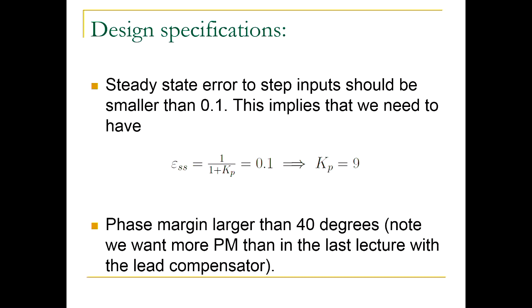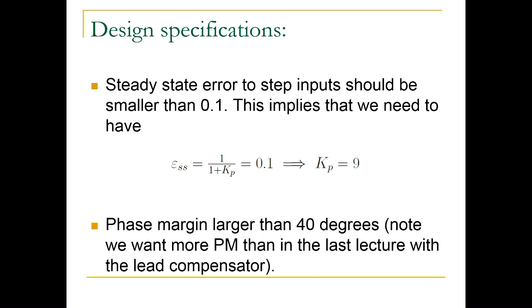So how do we figure out the steady state error condition? Well, we want to basically get the Kp constant to be 9, because this is the formula that we presented in the last lecture. We don't need to repeat it. We presented all the steps. But what is Kp? It's basically the position constant for the open loop gain, right?